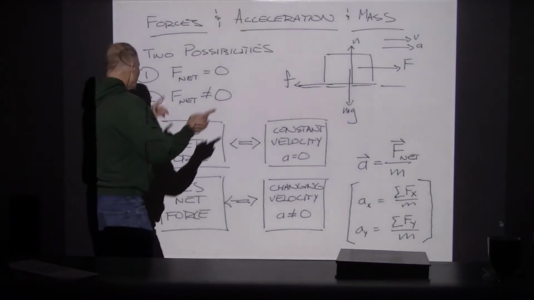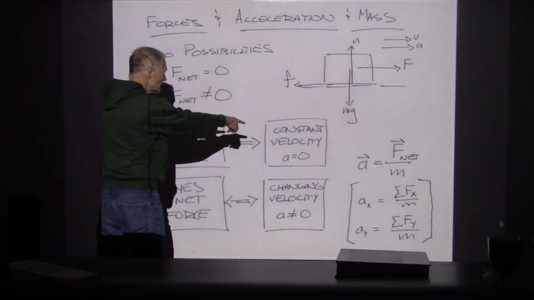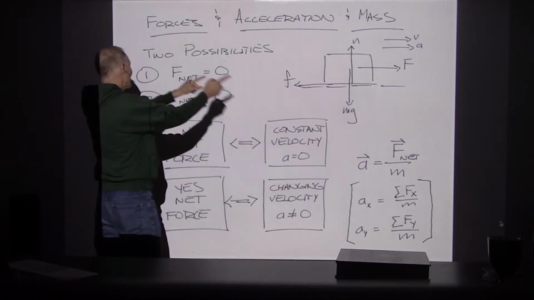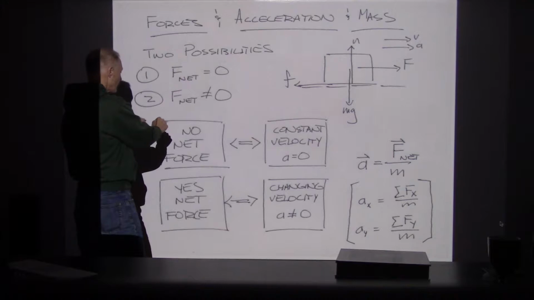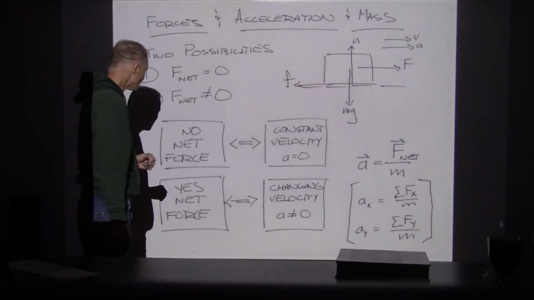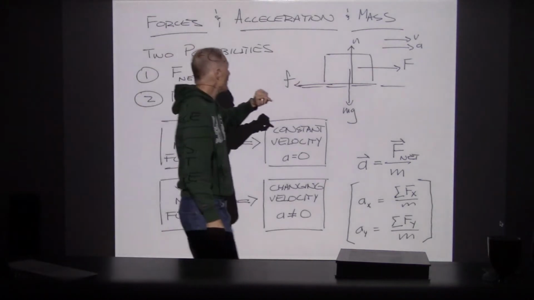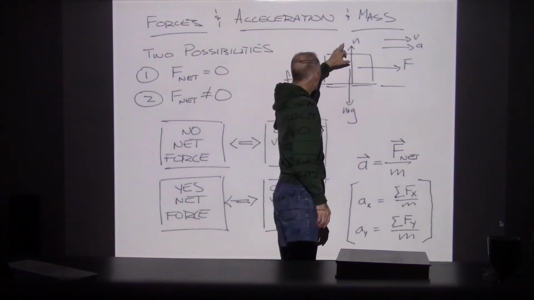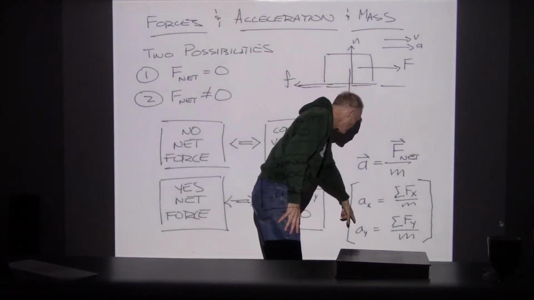So if there's no net force, there will be no acceleration. If I see something in constant velocity, that tells me there is no net force. So we can start either way on this. And this is a good example because I can see from the book on the table that there is no acceleration taking place in the y direction.